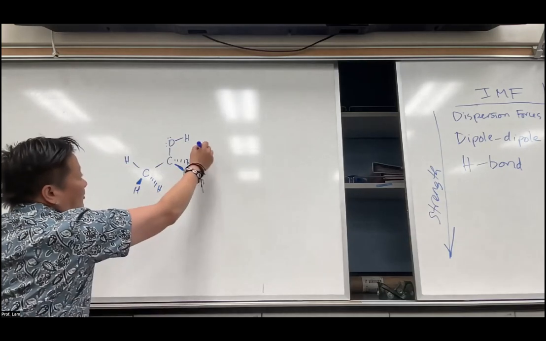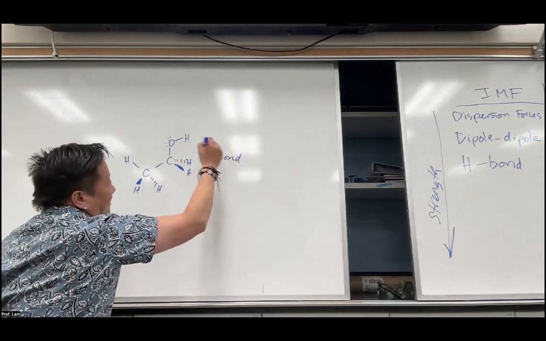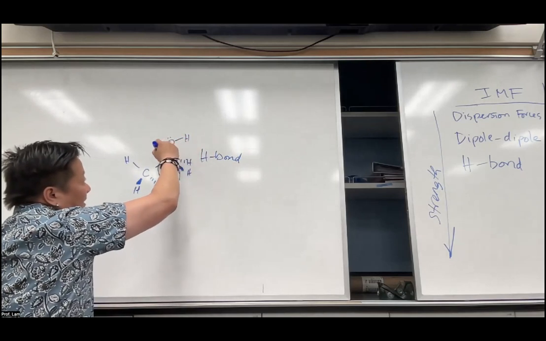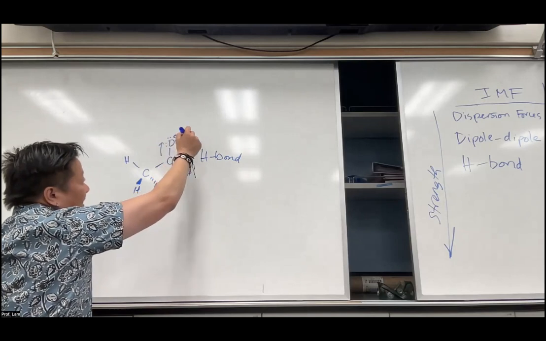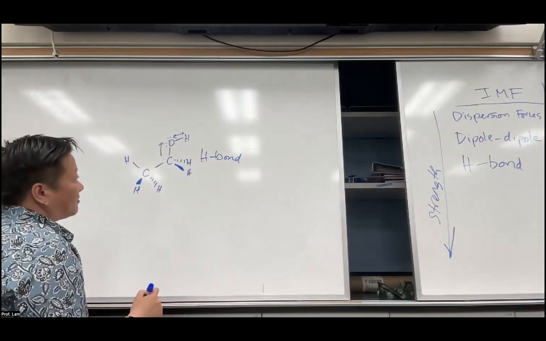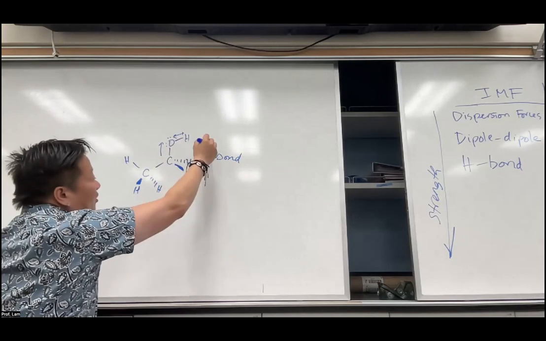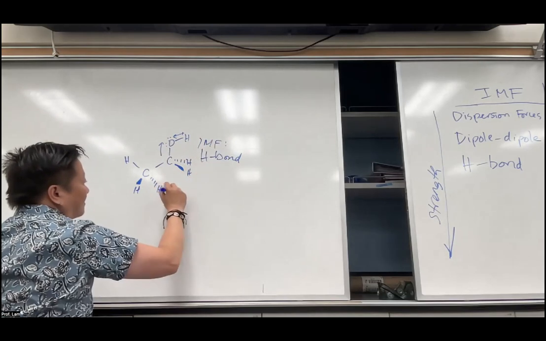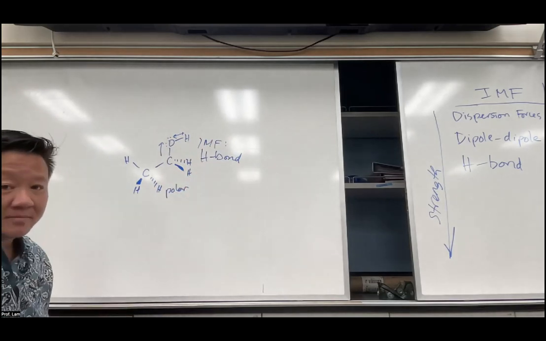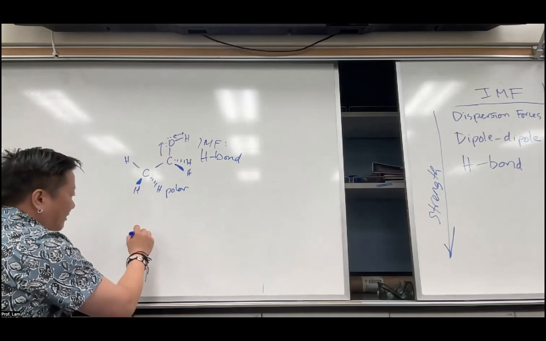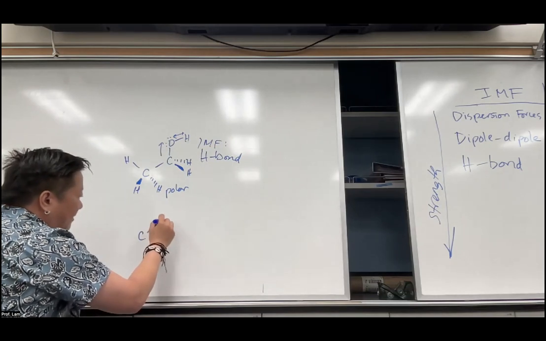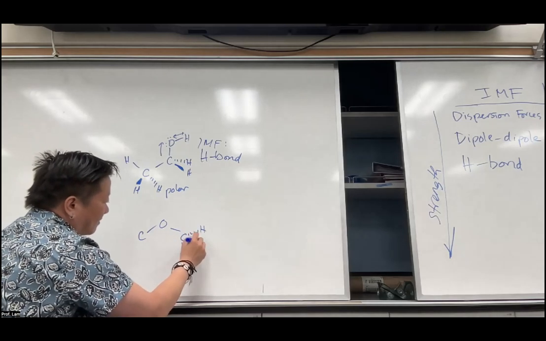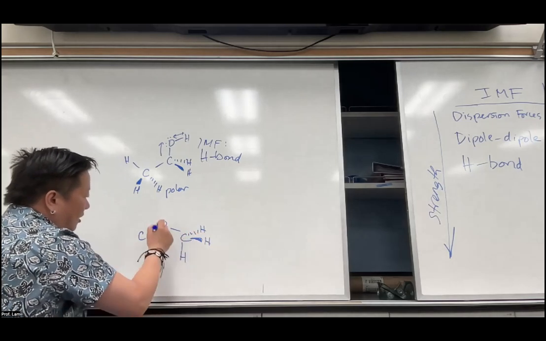We have OH here, so automatically we can say hydrogen bonding. It is bent, so it's definitely polar. You can put the arrows like that towards oxygen. So it's definitely polar with an OH bond, so the IMF is hydrogen bonding. Then when we look at dimethyl ether, it's just CH3 O CH3.